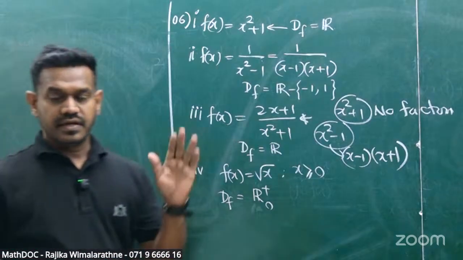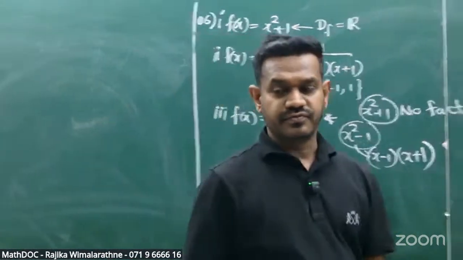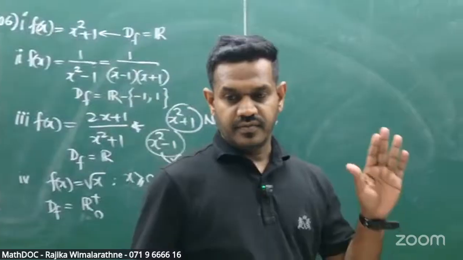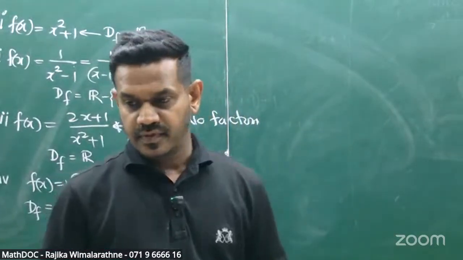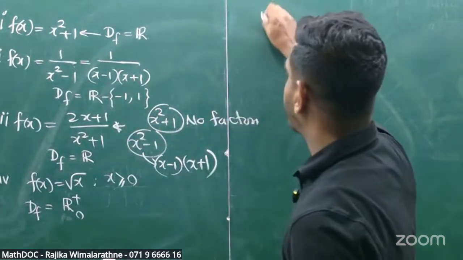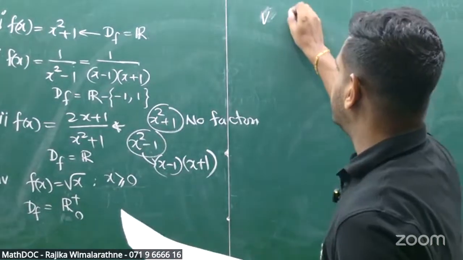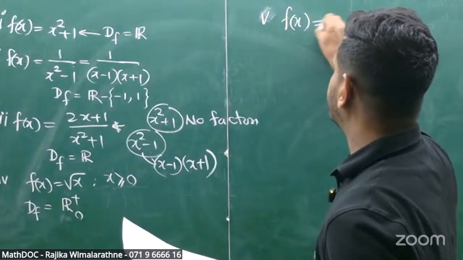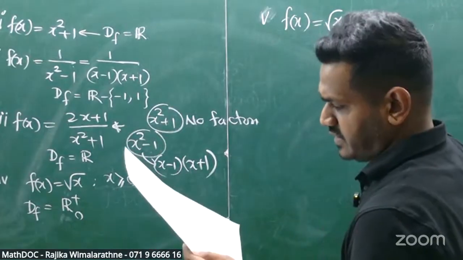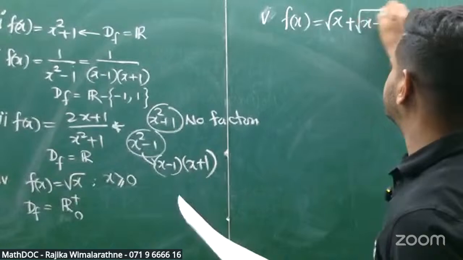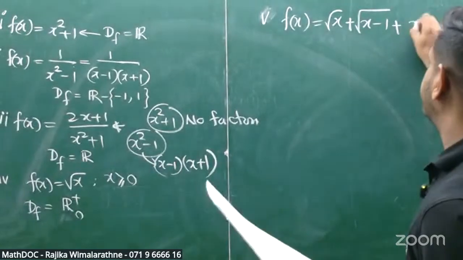Okay. Now the fifth one. Here the function is given as root x plus root of x minus 1 plus root of x minus 2.